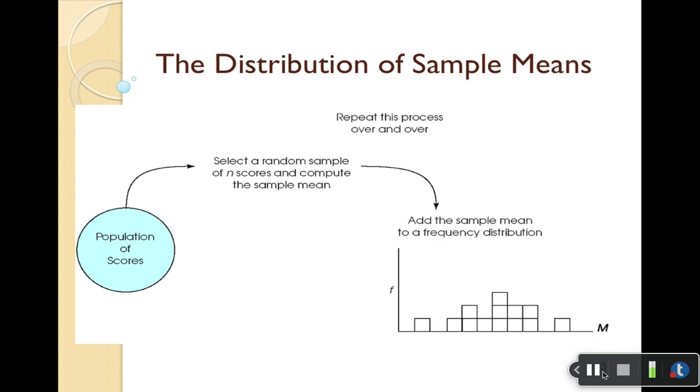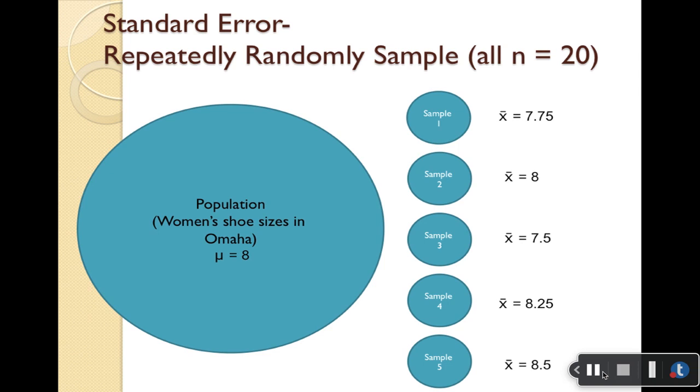We would plot that here on the far right on a frequency distribution, throw those people back into the population, and then select another sample of the same size, take the mean, and plot that. And the idea is that we would repeat this process over and over an infinite number of times. Once we plot all those different means, we would call that a sampling distribution of the mean.